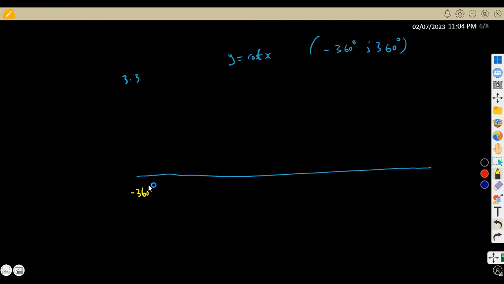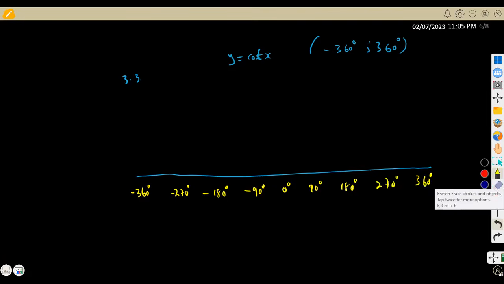So we've got negative 360, negative 270, negative 180, negative 90, 0, then 90, 180, 270, 360. Your angles are each separated by 90 degrees.